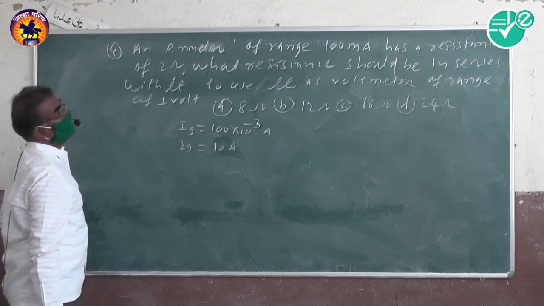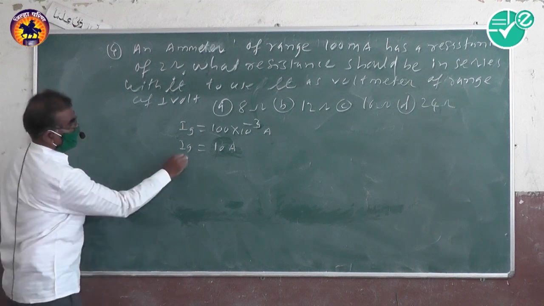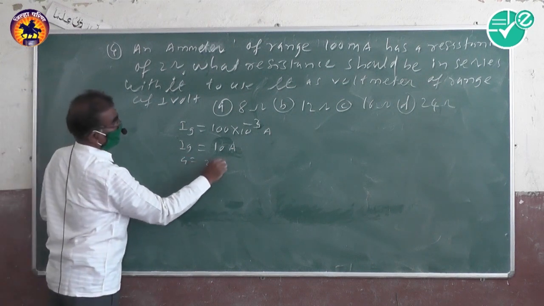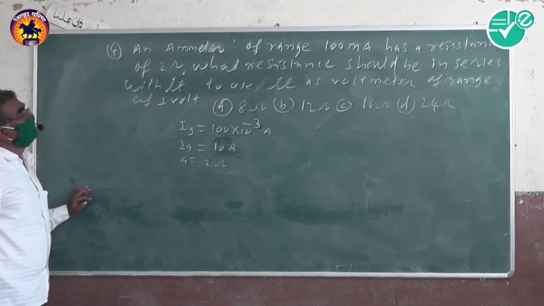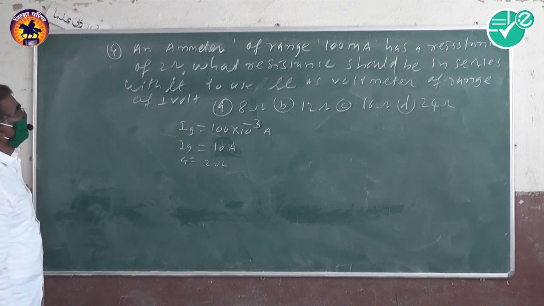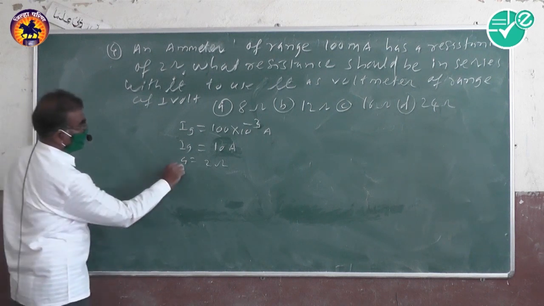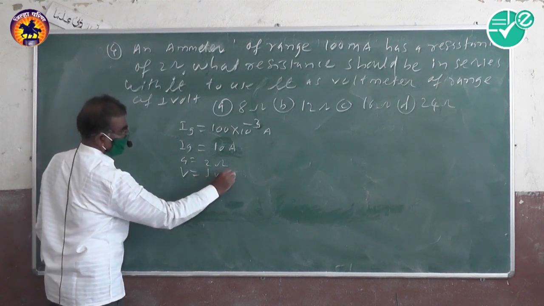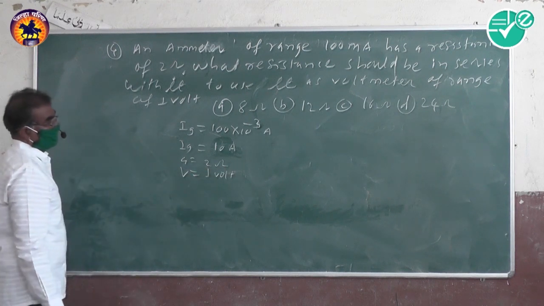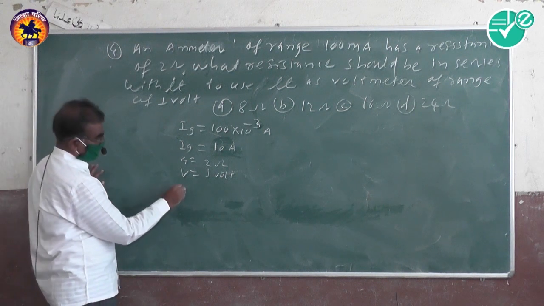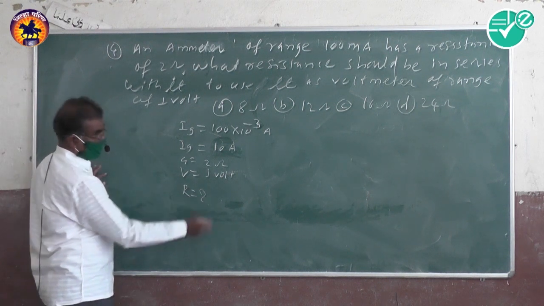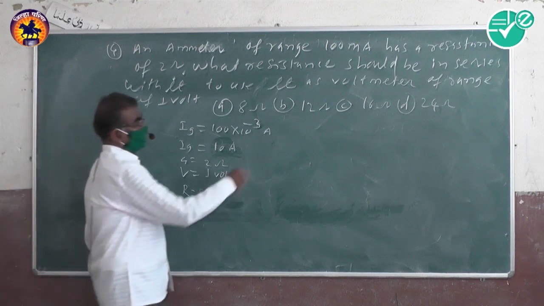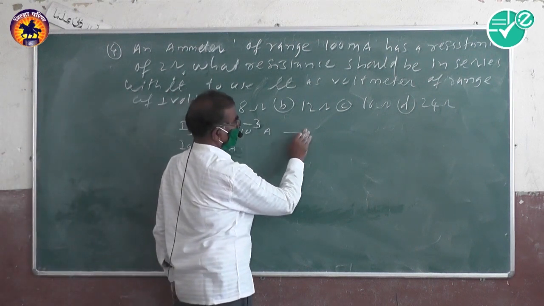Ig, that is G is 2 ohm, and high resistance should be in series with it to measure V equal to 1 volt. R equal to high, that is the voltmeter.